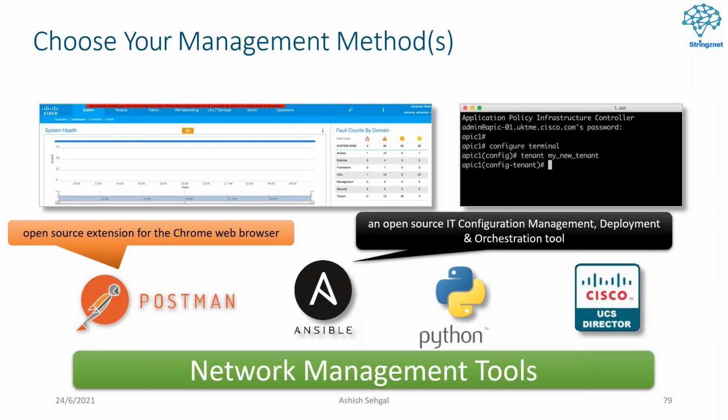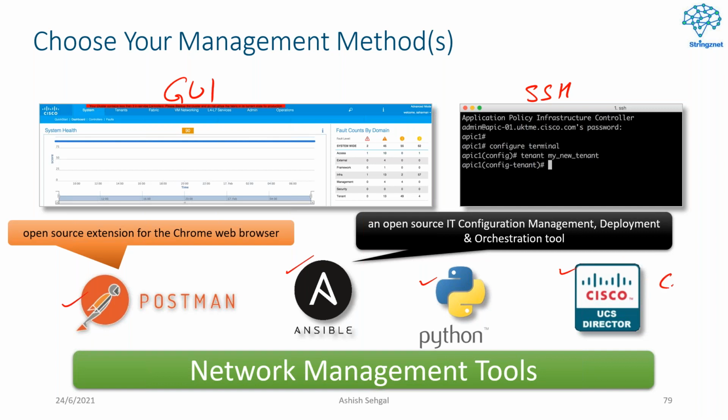So you can manage. This is GUI, the one which is there in our hand. This is SSH you did. Then Postman is a tool to manage the controller and manage the network. Then there are Ansible and Python, and UCS Director is an orchestrator.